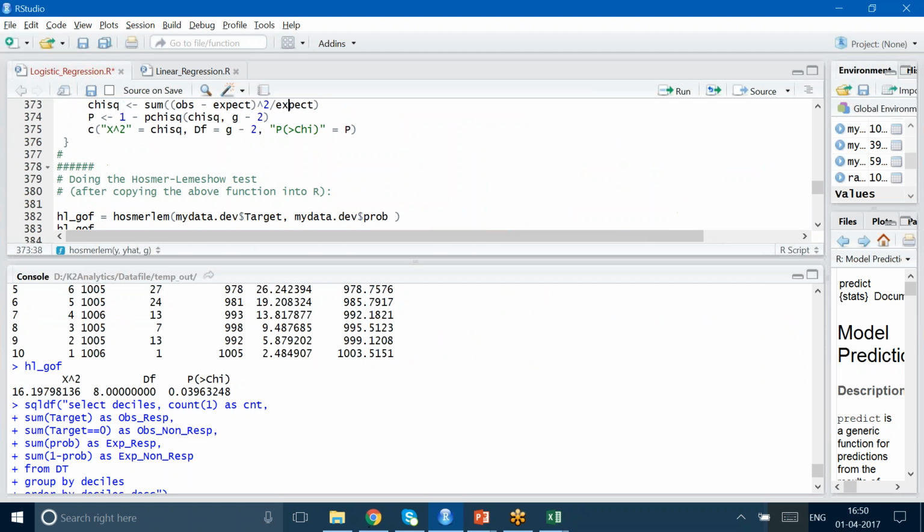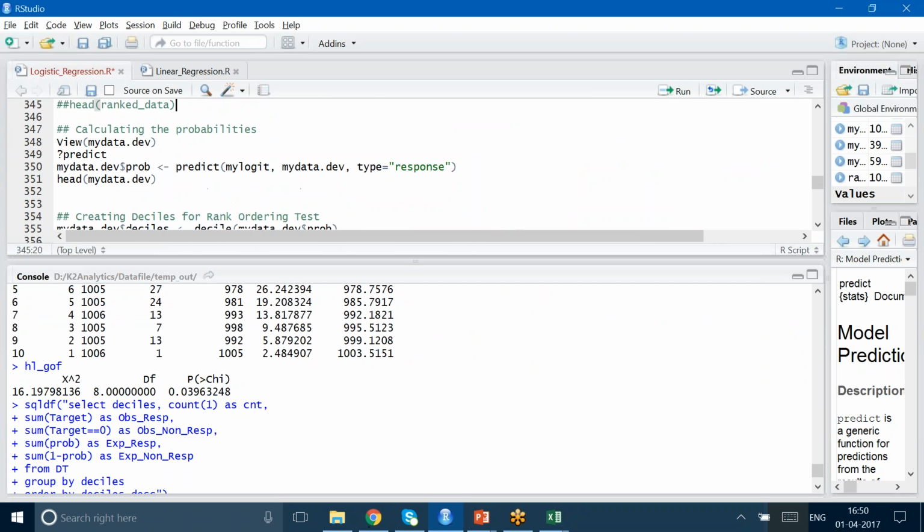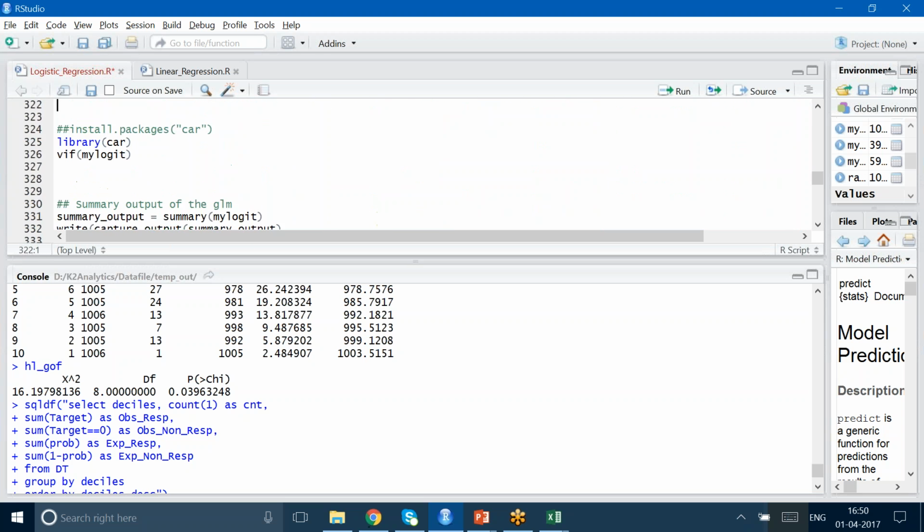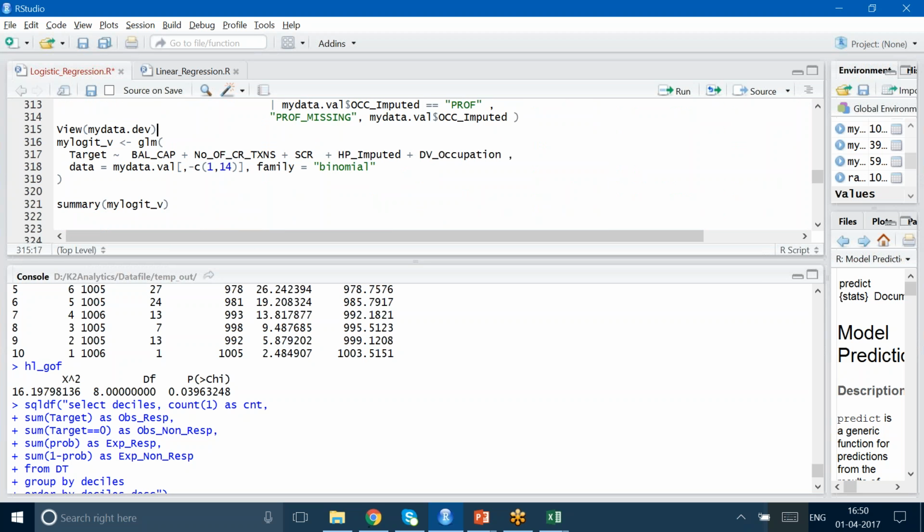So now what I have to do is go back to my development data. This is where my development syntax is.